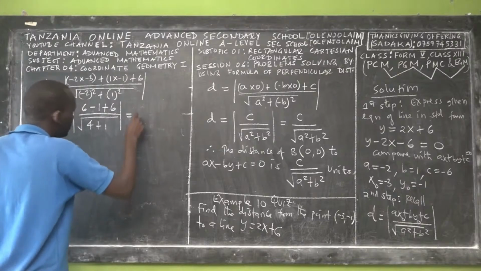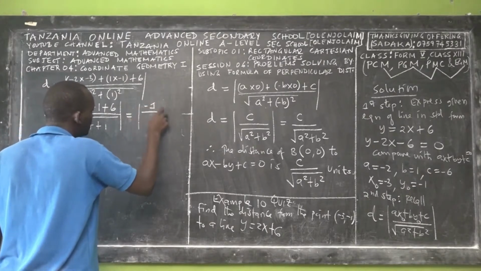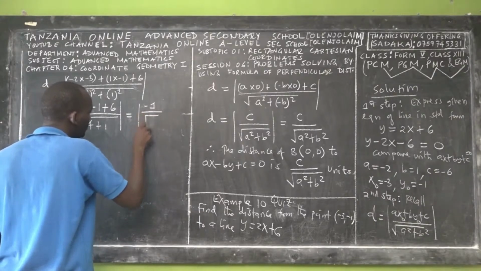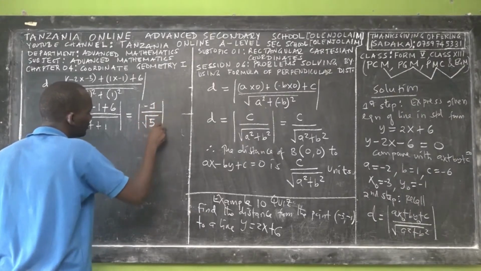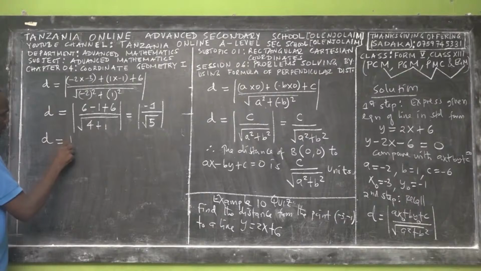So this is the absolute value of -1 over the square root of 5. So the answer is 1 over the square root of 5.